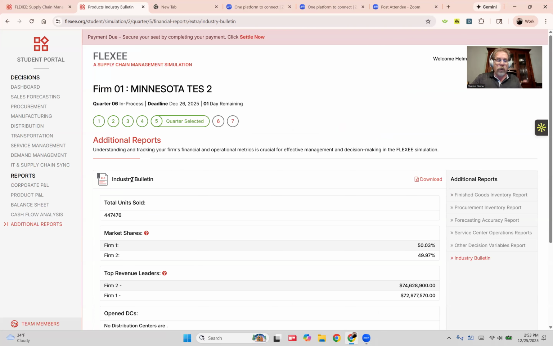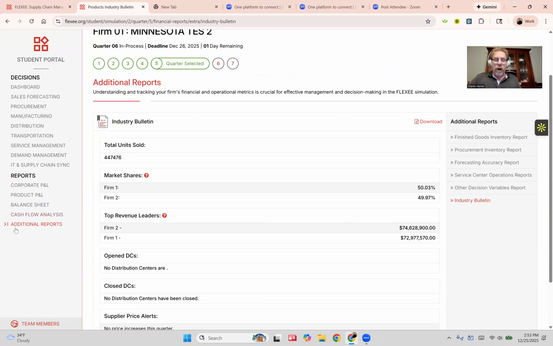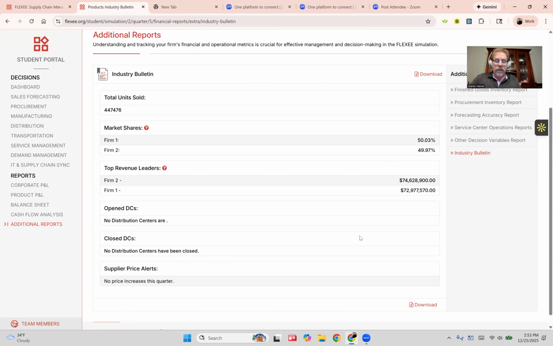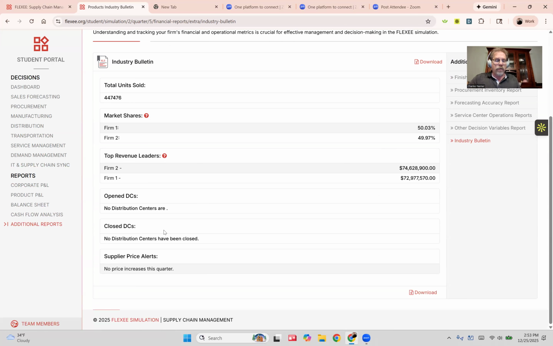But we do show you the different market shares for the firms, as well as the revenue and some other comments that might be applicable. Okay, so these are all the reports that are available to you.